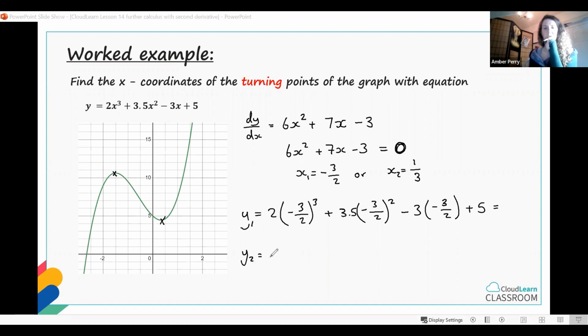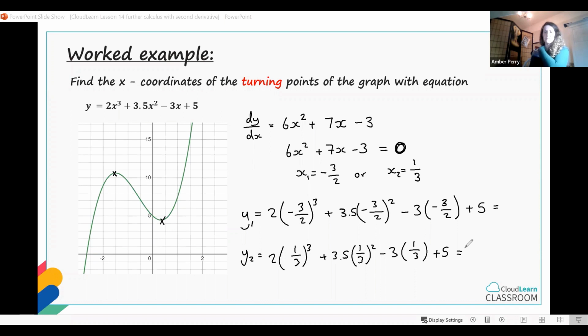So we've got 2 times 1 over 3 cubed plus 3.5 times 1 over 3 squared minus 3 times 1 over 3 plus 5, and typing all of that into your calculator gives you that second coordinate. If anyone has a calculator handy and wants to find what those are, please pop them in the chat for me.